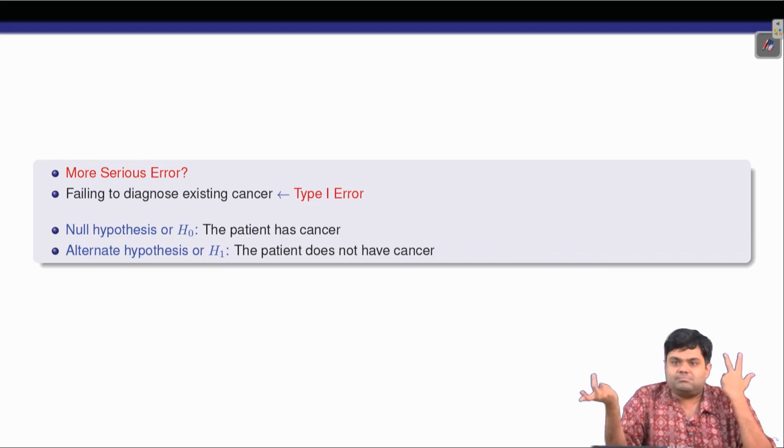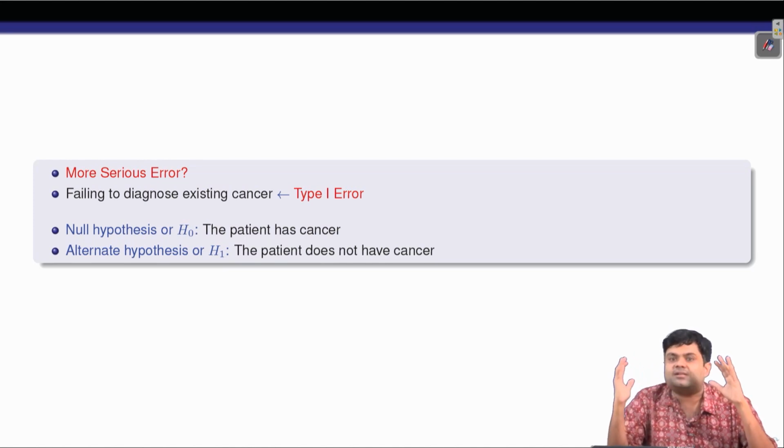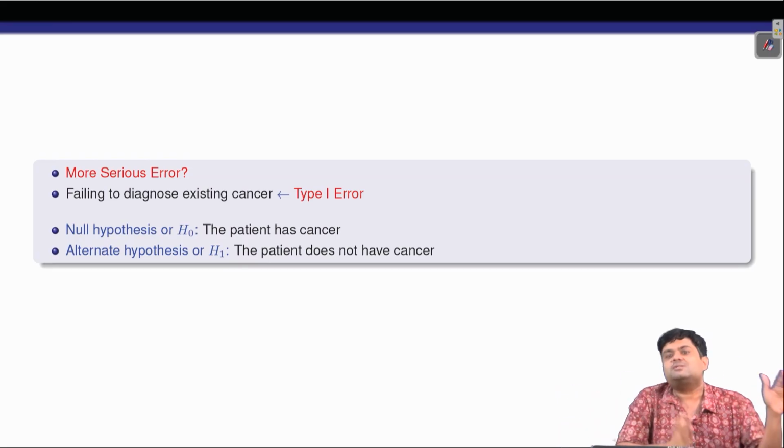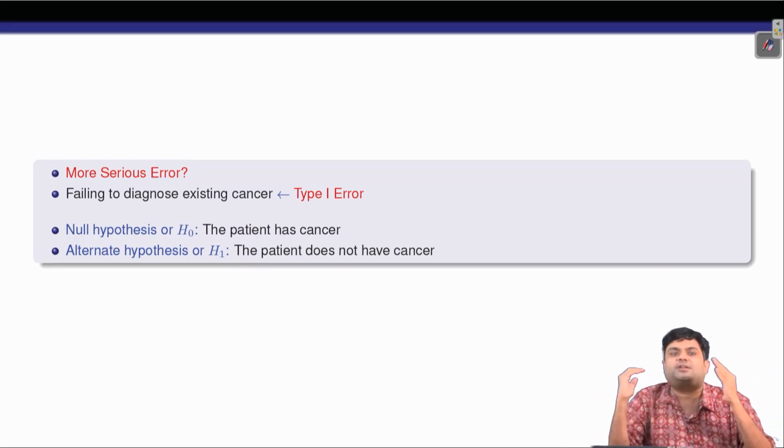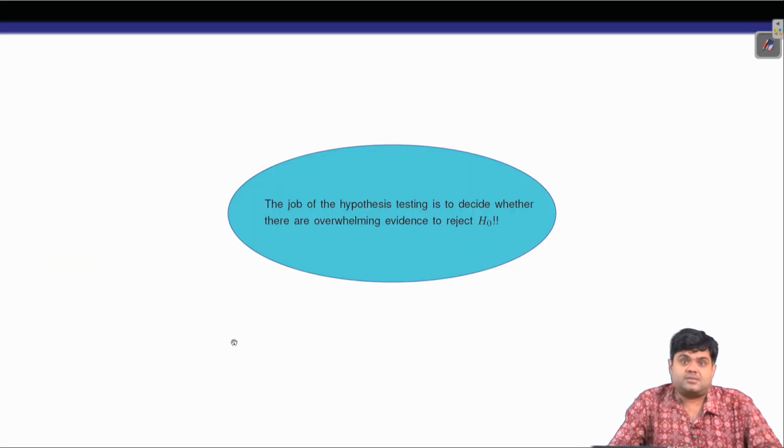That is a very unlikely scenario, but something may have happened where the average is coming out to be that. There you really want to protect the conventional wisdom that this is less than 7 feet. So this is what decides the null hypothesis: the one whose false rejection is more serious.